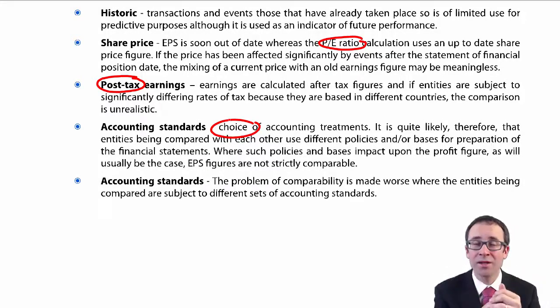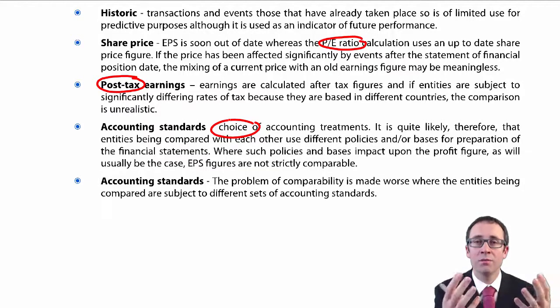The other one as well, I suppose you could think about without going too far, is looking at your financial instruments. So you've got your assets that are held at fair value with gains and losses through profit or loss. You've got your assets that are held at fair value with gains and losses to OCI.